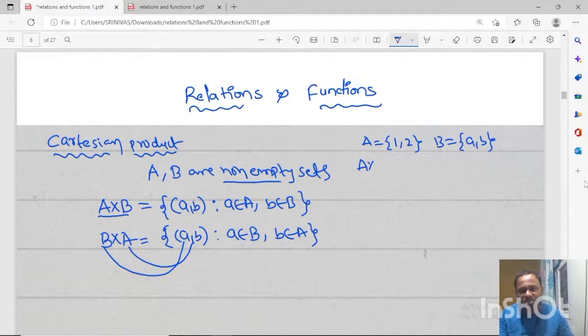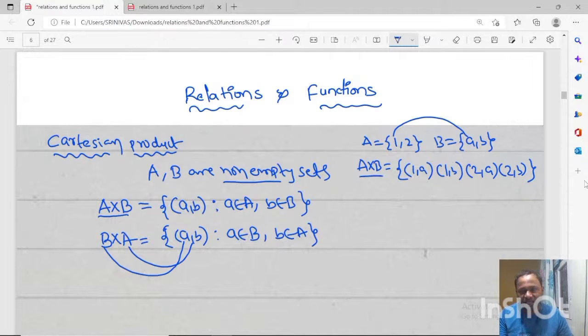Then the Cartesian product A cross B will be the set of all ordered pairs. Set of all ordered pairs means what we get? 1 comma A, 1 comma B, 2 comma A, 2 comma B. So this is about the Cartesian product.